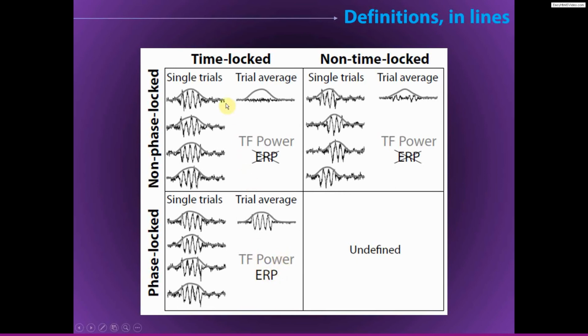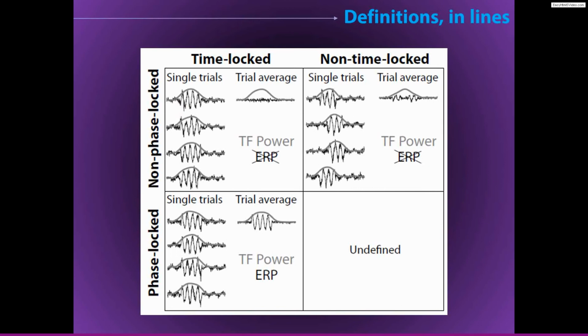So now let's go to this cell. Here's when the activity is time-locked but non-phase-locked. If you look at the timing, you can see the overall time course of the dynamics are similar, so whatever activation is happening has a similar timing after each trial onset. But in the ERPs, the time domain signal, you can see that the phase angles differ over trials.